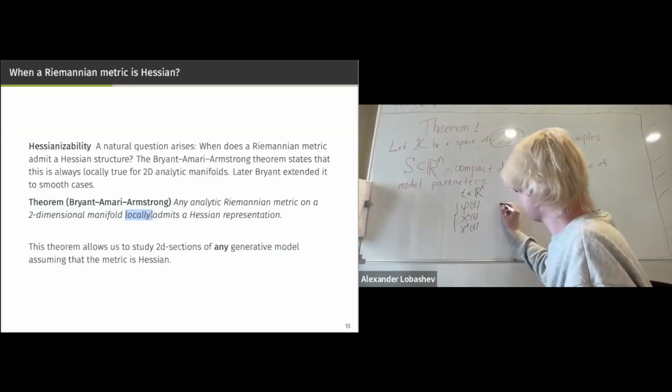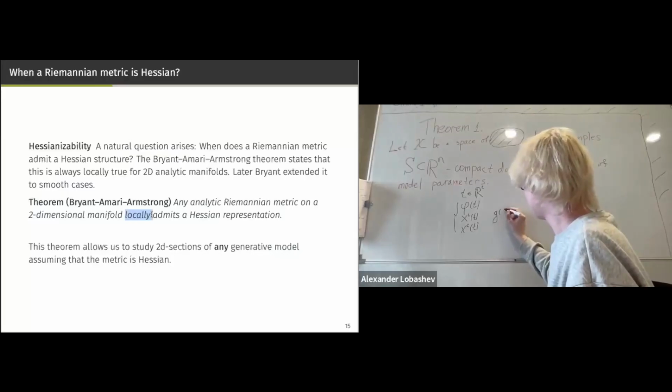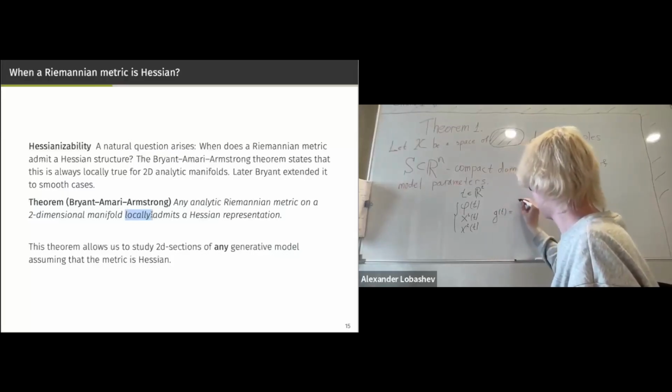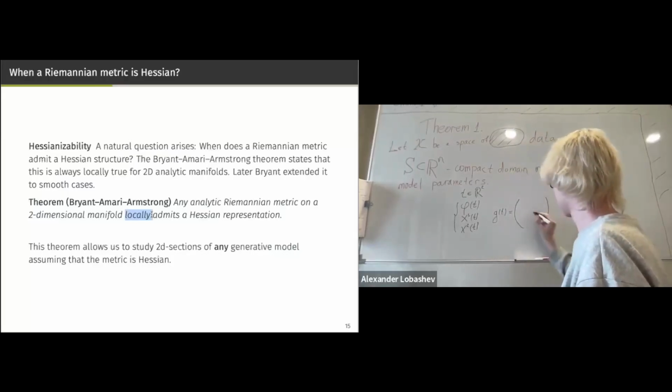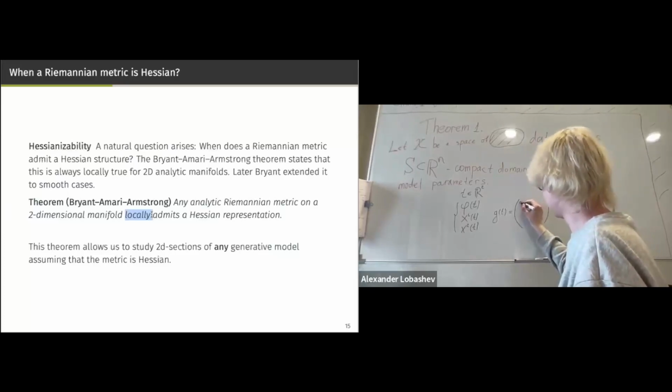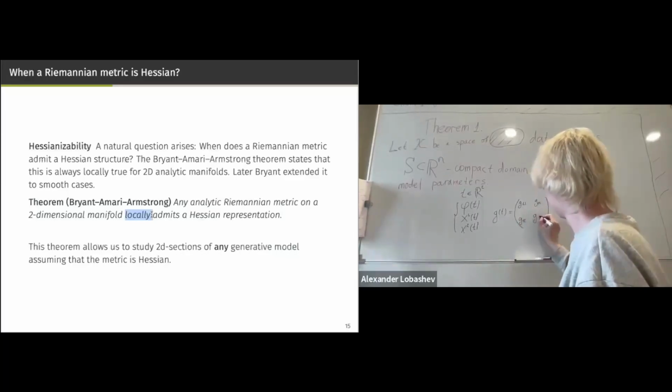And in the two-dimensional case, we have a metric which is a 2 by 2 matrix. So we have some function g11, g12, and the metric is symmetric, g12, and g22.